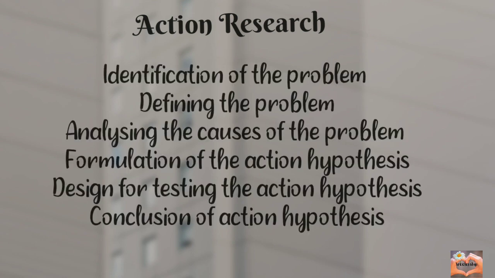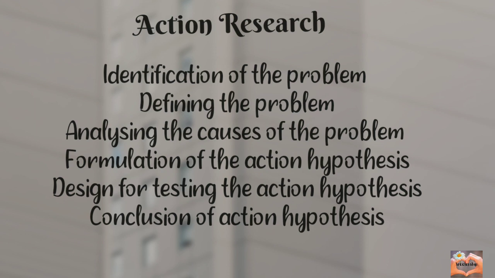So there are certain steps for this action research. First of all, there is identification of the problem, and there is defining the problem. The problem should be properly defined so as to specify the action and the goal. There will be analyzing the causes of the problem, why that problem occurs, what are the probable causes.